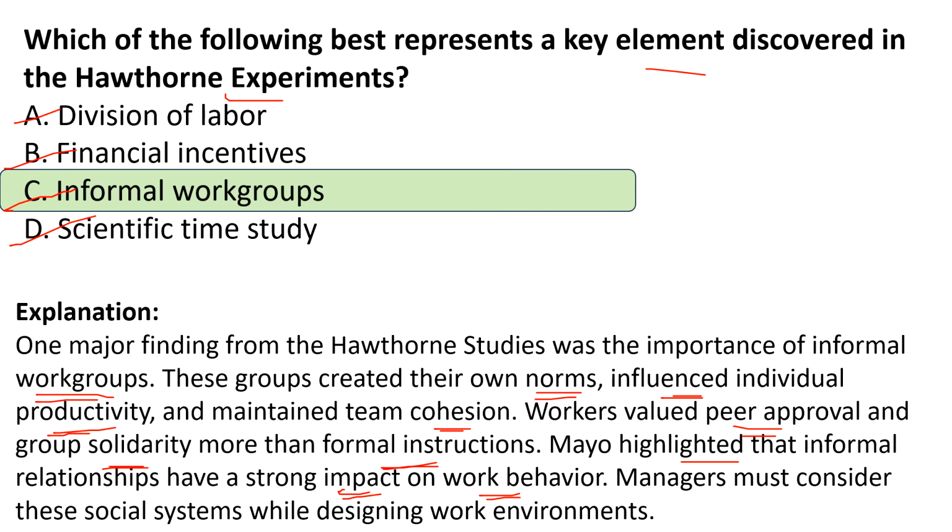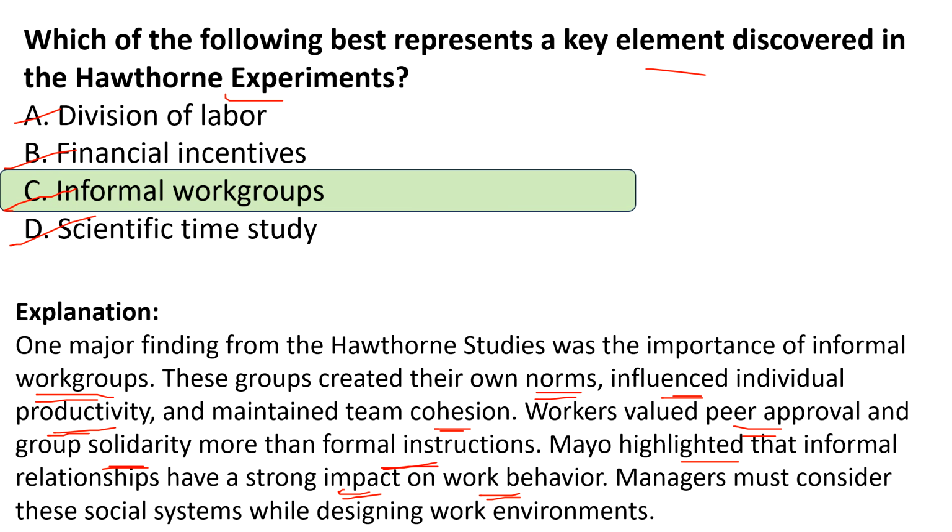You feel more motivated when a friend who works with you gives you ideas, and you feel better, rather than with instructions given by your seniors or superiors. You will not feel that much motivated or positive energy to do work.